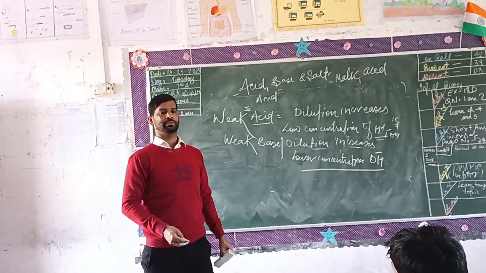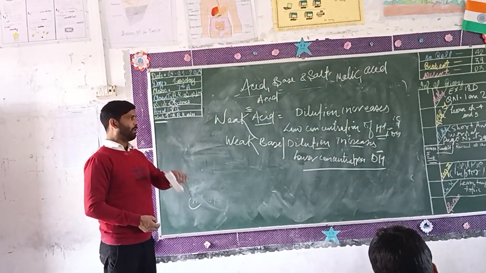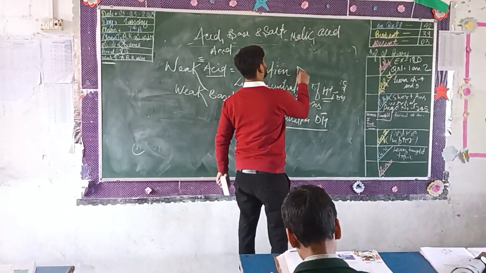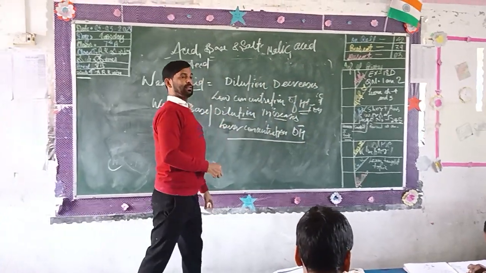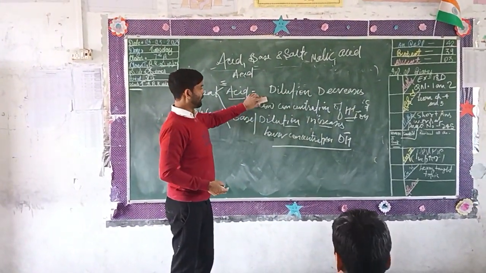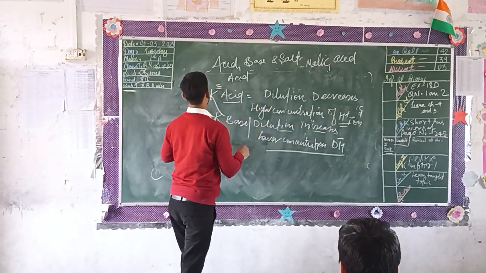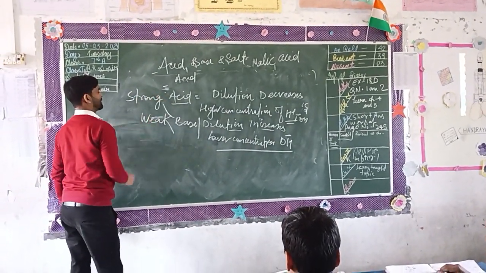So what about the strong acid and strong base? The dilution decreases. That means the concentration is higher. Then it is a strong acid.